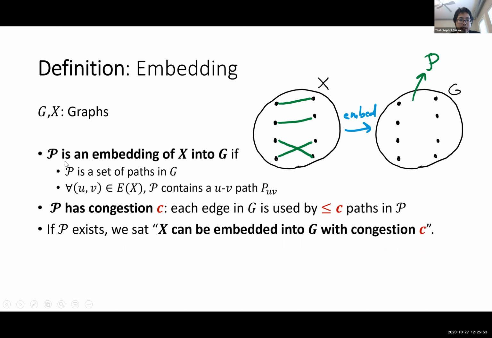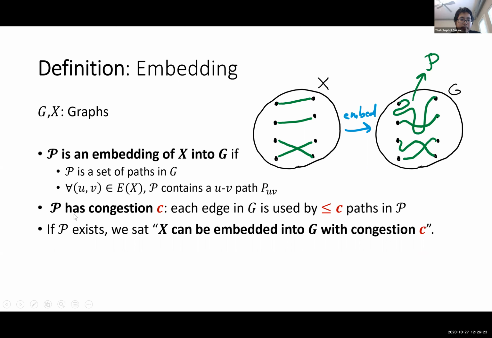I say that P is an embedding of X into the graph G if, first, P is a set of paths in G. And next, for each edge UV in X, there is a UV path in G that is from P.